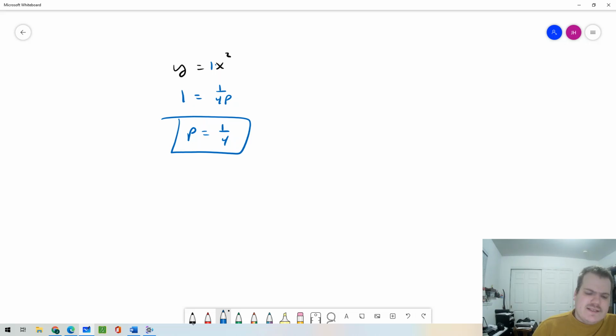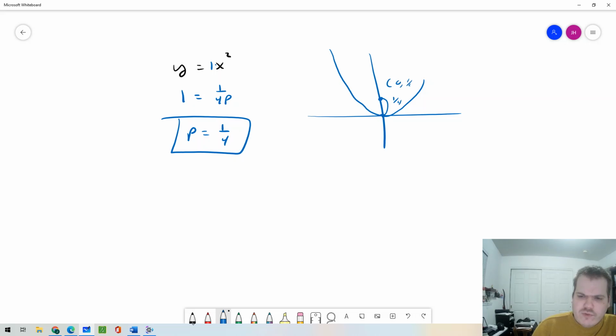P is going to be my distance from my vertex to my focus. So if my vertex is right here, that distance to my focal point is going to be 1/4. In this parabola, I'd be moving up 1/4 from 0, so this would be the point 0, 1/4. And then I'd be moving down 1/4 to get my directrix. The directrix is a line, so this would actually be the line y is equal to negative 1/4.